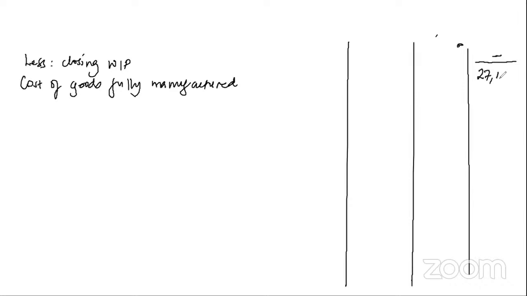So when we get our total factory cost of production, we add the opening inventory of work in progress, we less the closing inventory of work in progress, then we come up with the cost of goods already manufactured. When you do the additions, you come up with 27,452. That is the cost of the goods that were fully manufactured.